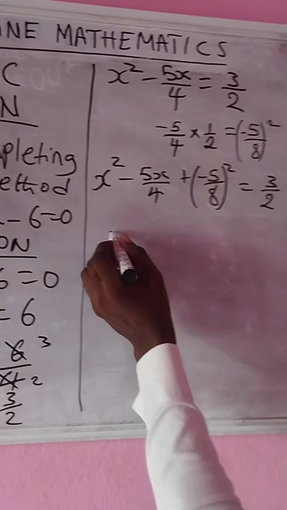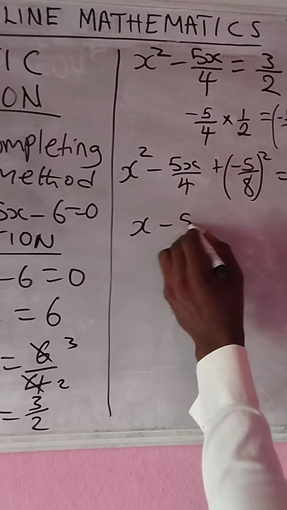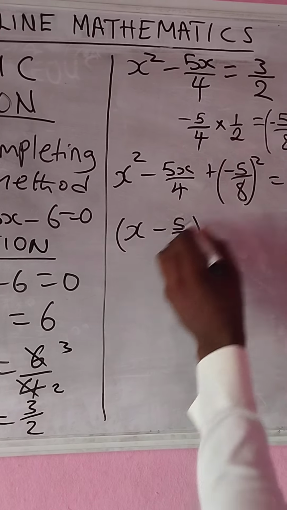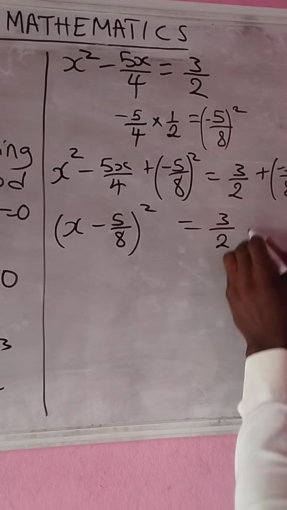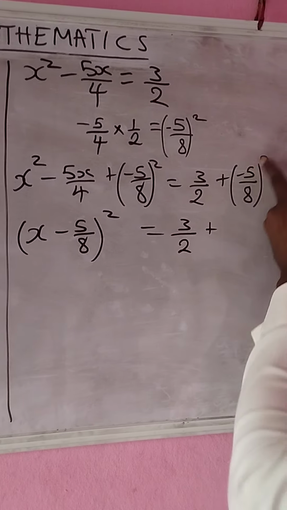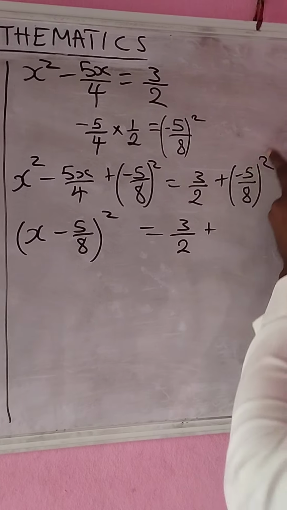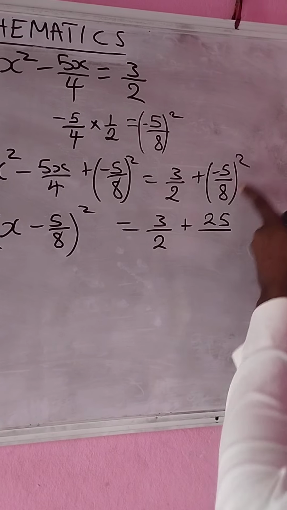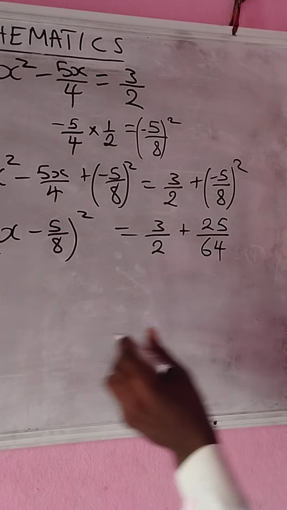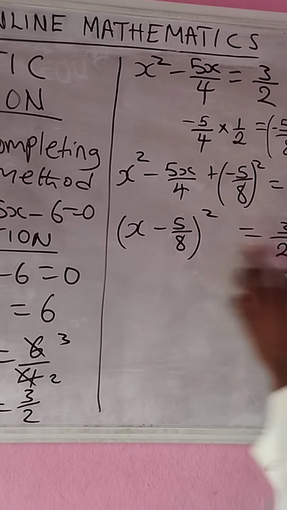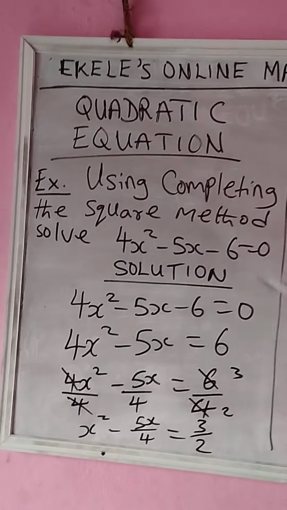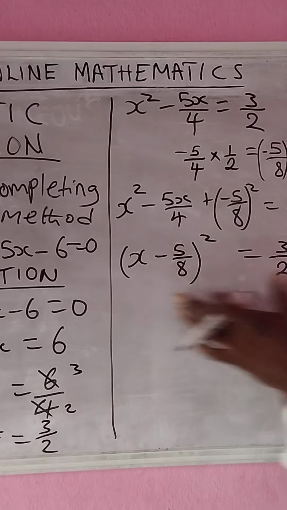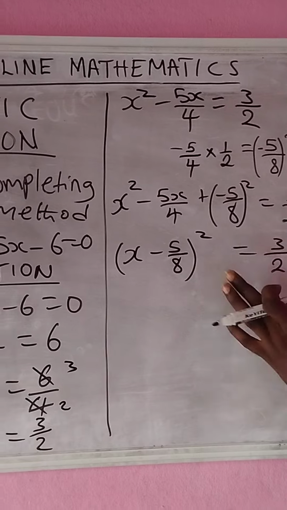Let's bring them together. x minus 5 over 8 all squared is equal to 3 over 2 plus, minus 5 squared is minus 5 times minus 5, which is 25, over minus 8 squared, which is minus 8 times minus 8, which is 64. This is embedded in this. This is where the method got the name from, completing the square method. The name comes from this place. We have completed the square here.